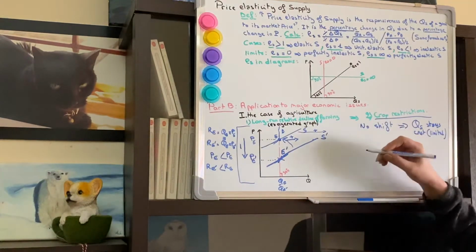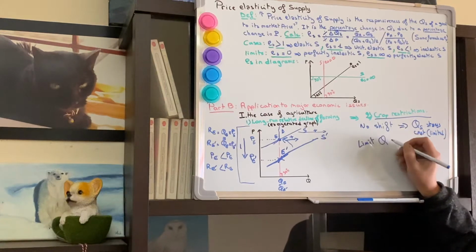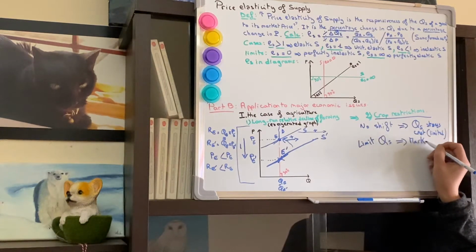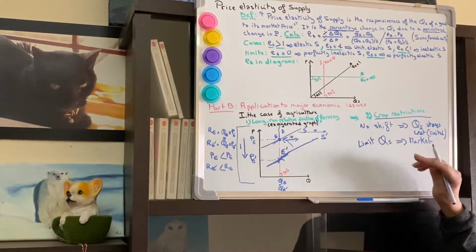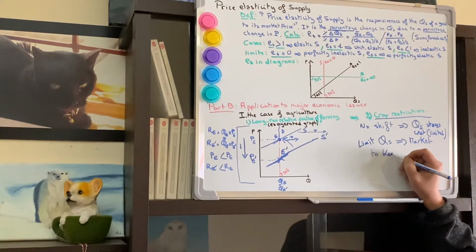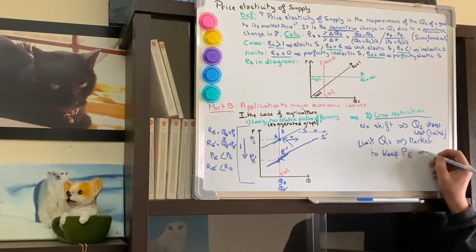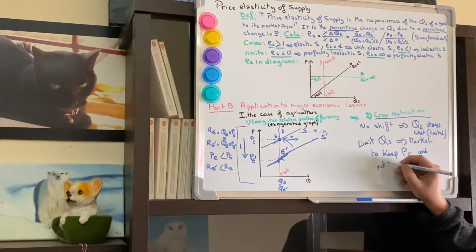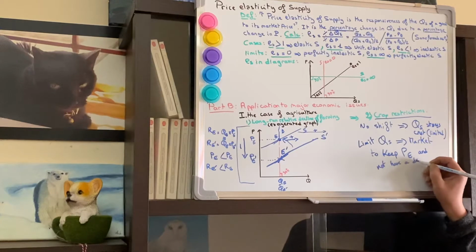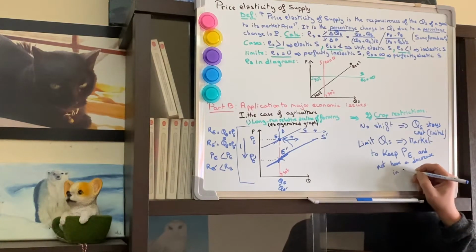So it's simply a limit on the quantity that's going to go to the market. You limit the quantity to keep PE and not have a decrease in the equilibrium price.